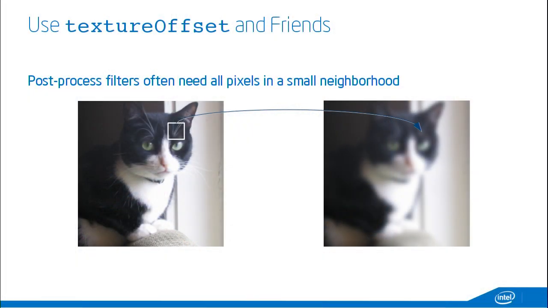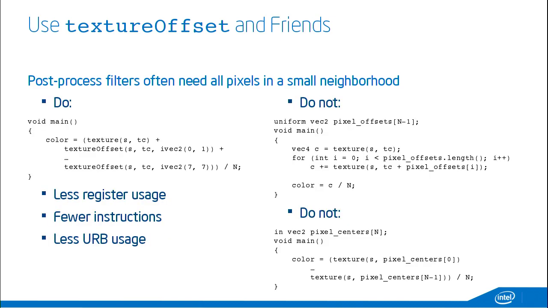So, the simple box filter. It's surprising how often we see people noob their implementations of these kinds of post-processing effects. If you want to do this fast, use textureOffset, and there's a number of related functions to fetch a group of pixels in a small neighborhood. This is going to use fewer instructions, fewer registers, and less URB space.